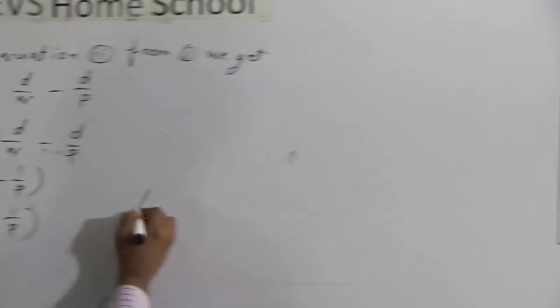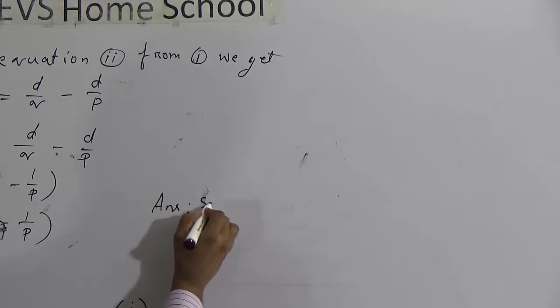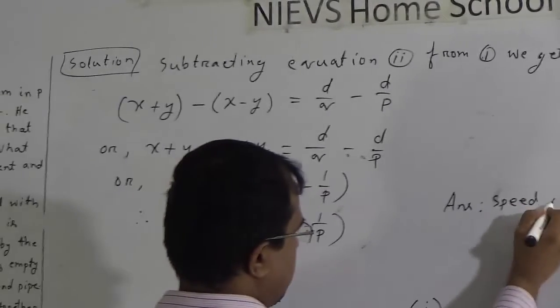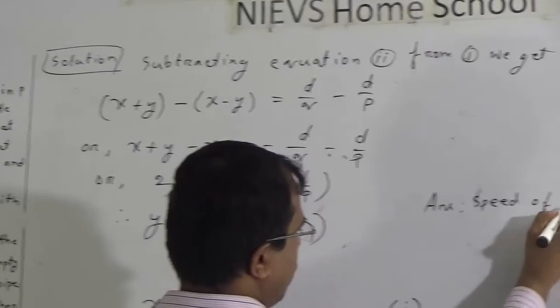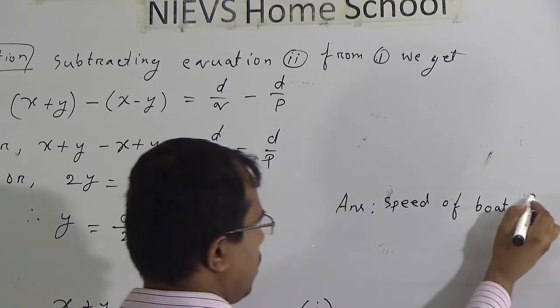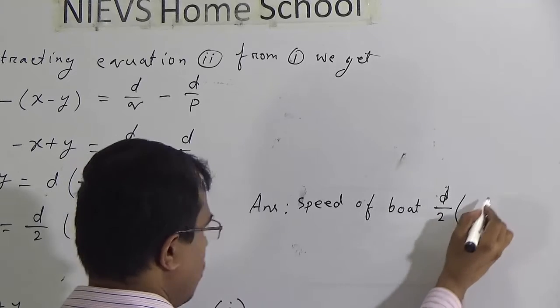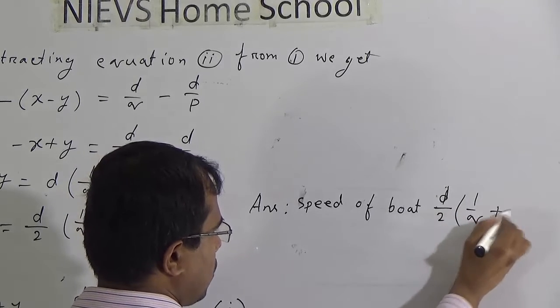Answer: speed of boat, d by 2 into 1 by q plus 1 by p.